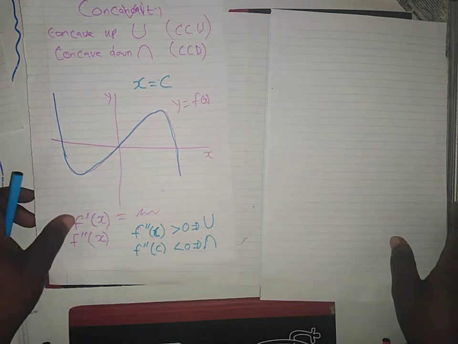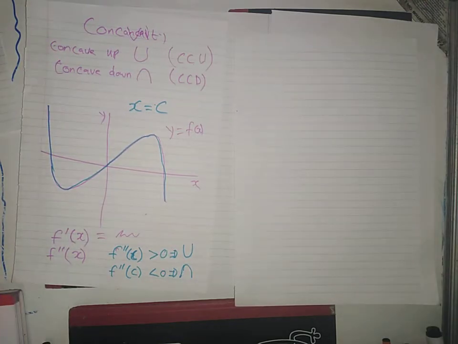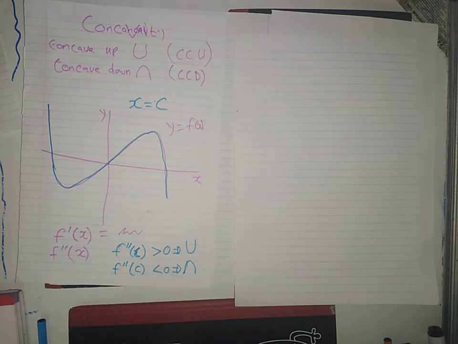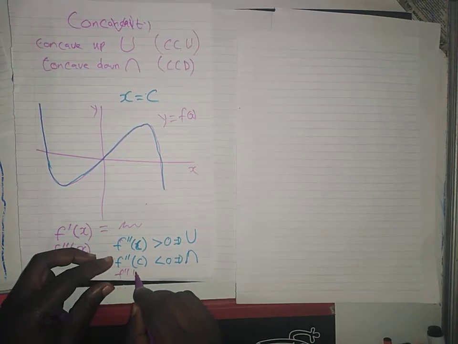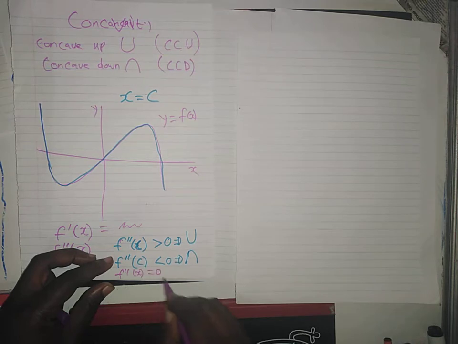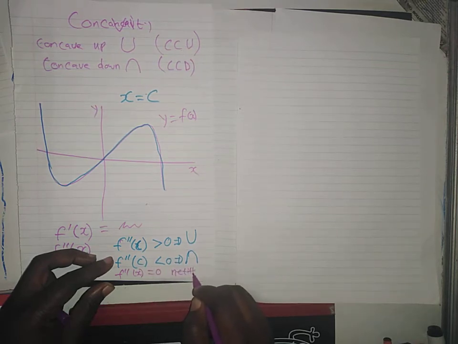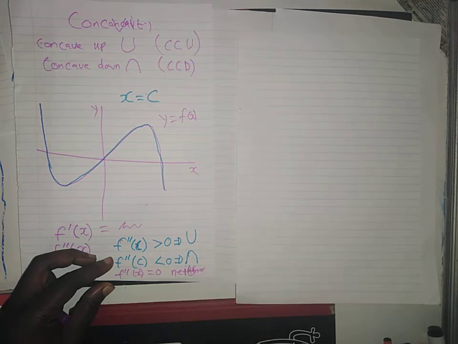Now let's put things nicely just to summarize everything. But before we even summarize anything, what about f prime prime? If f prime prime is 0, what do we say about concavity at that point? If we have f prime prime at c equal to 0, therefore it's neither of the two.